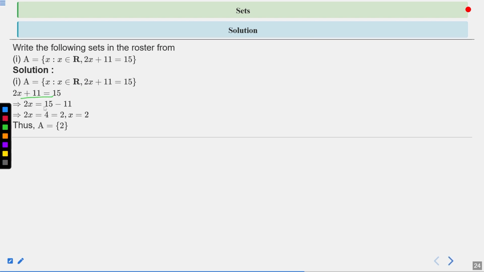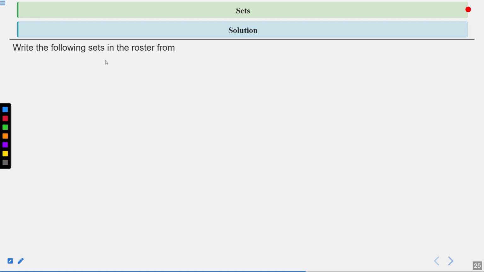Solving it, we simply get x equals 2. So set A is simply a singleton set in which you have a single element, 2. Clear? Moving on to the next part.